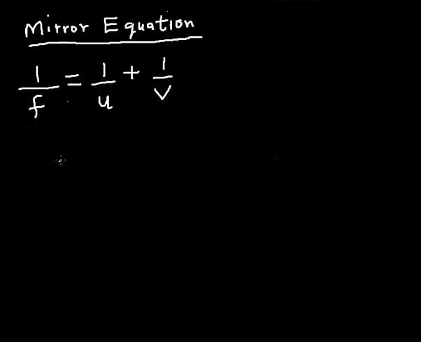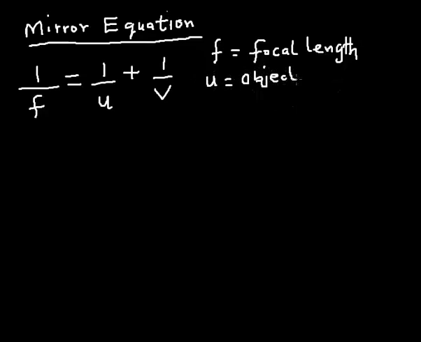The f here represents the focal length of the mirror. Every mirror has its focal length. The u represents the object distance, while the v represents the image distance.